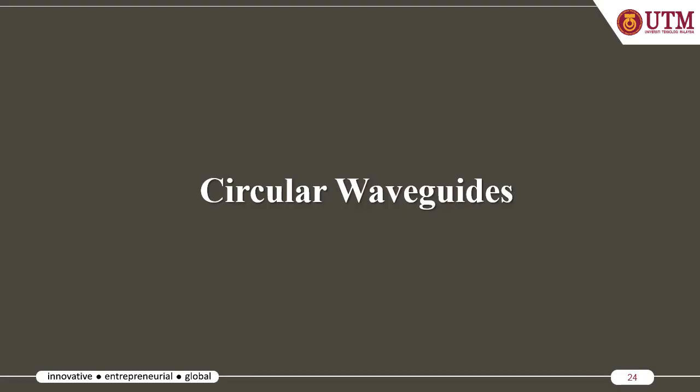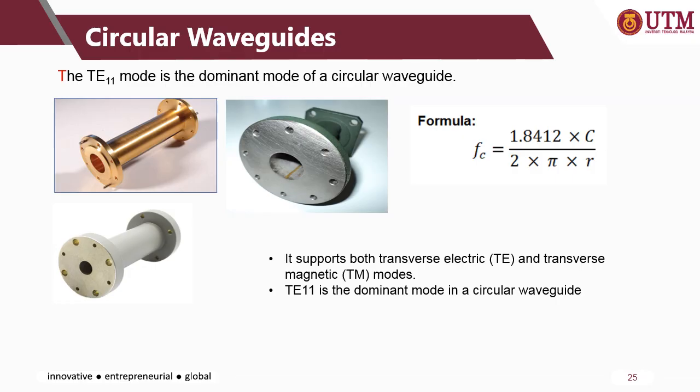And next is the circular waveguide. It's more or less the same as the coaxial waveguide, but a circular waveguide is basically a circular hollow tube, whereas a coaxial waveguide has an inner conductor and outer conductor separated by dielectric. The circular waveguide is a hollow circular structure with radius R, or a hollow metal tube.